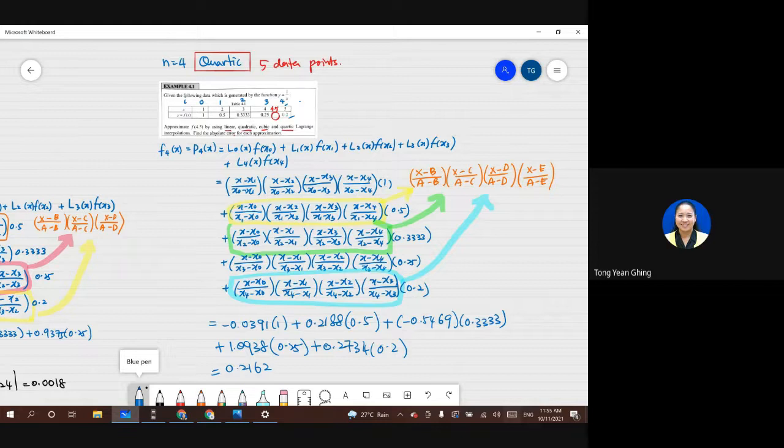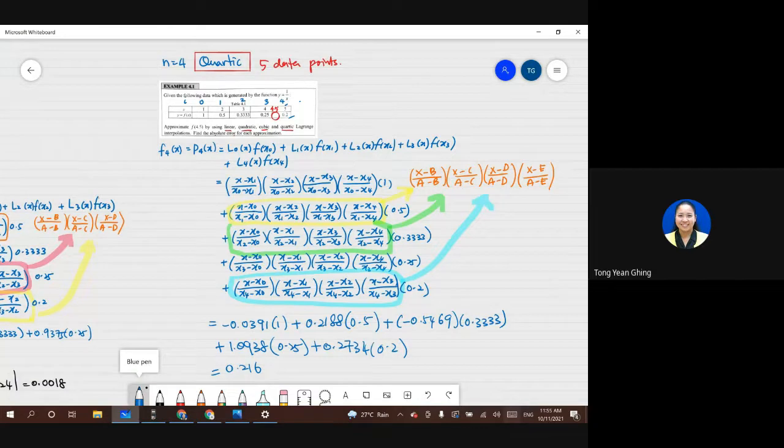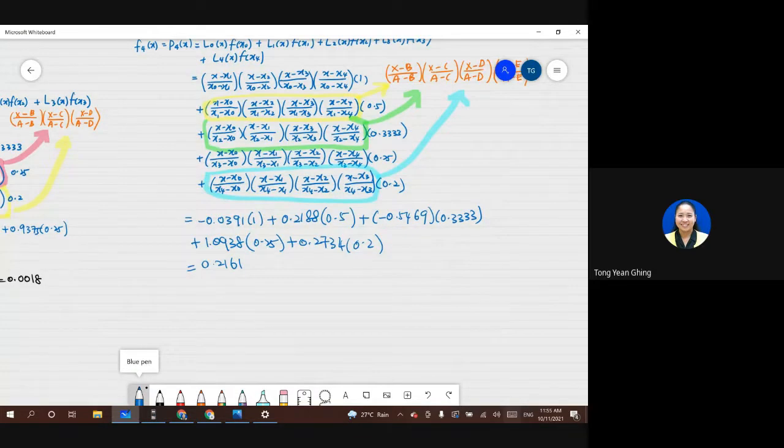What did I get? In the book it is, oh okay, I haven't rounded up because it's 0.21614. So this is 1, 1, 4.